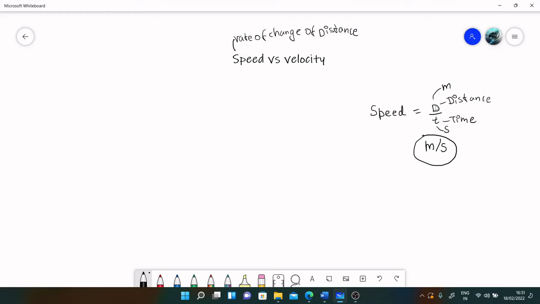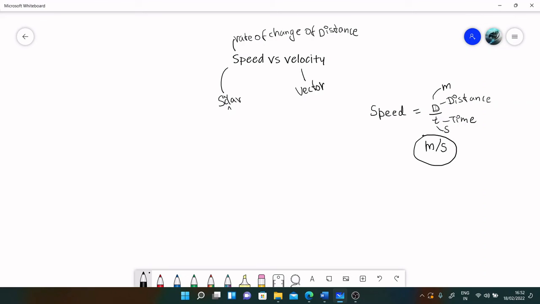Speed is a scalar quantity and velocity is a vector quantity. Scalar, scalar, vector. Speed is a scalar quantity, velocity is a vector quantity.